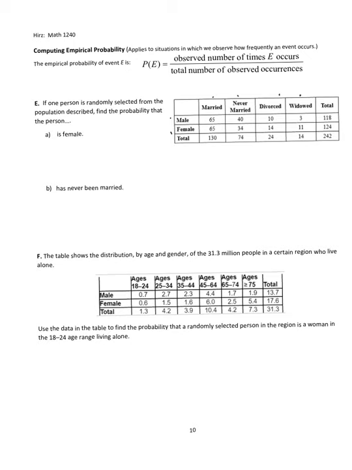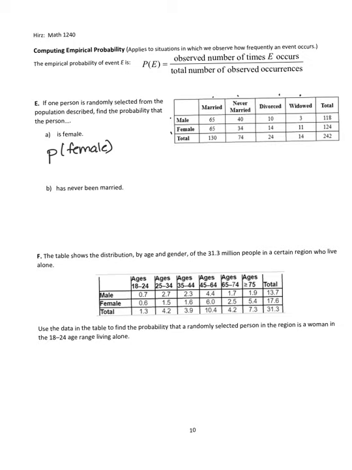So let's look at our first question. If one person is randomly selected from the population described, find the probability that the person is female. We're not concerned at all about the status: married, never married, divorced, widowed.